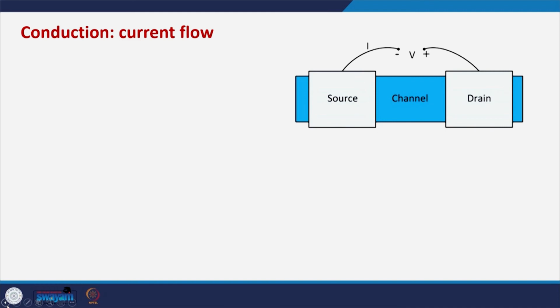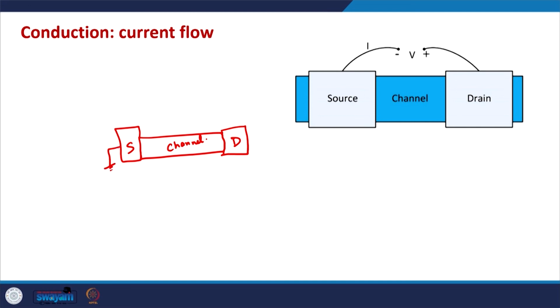You might recall from one of our earlier classes, in a two terminal device we have a source, a drain and a channel region, and generally the source is grounded, we apply a positive voltage on the drain and a flow of electrons starts in the device. The electrons start moving from source to drain basically.